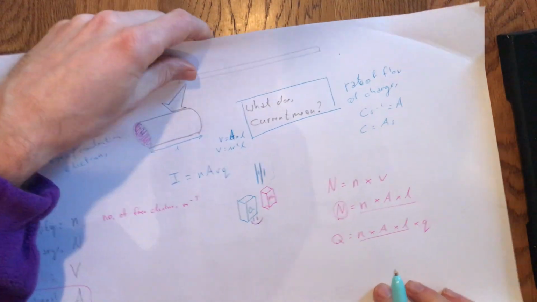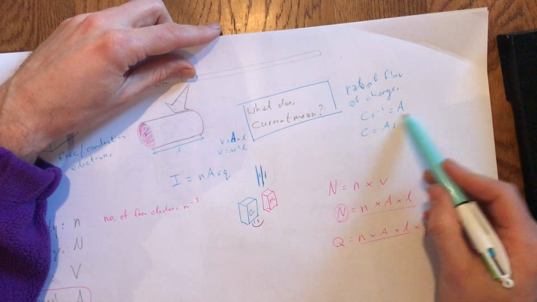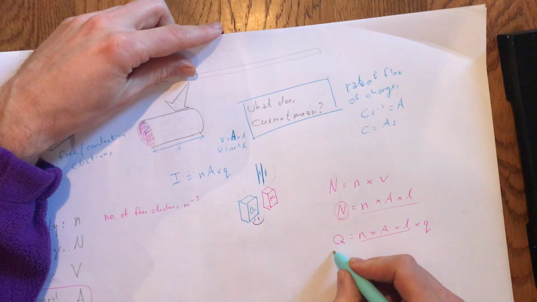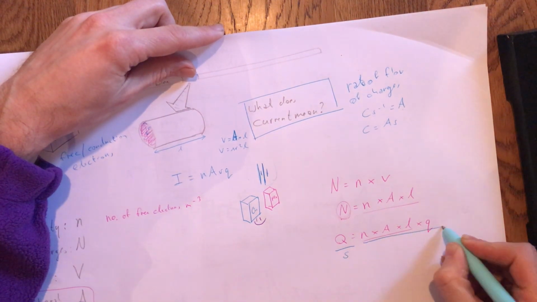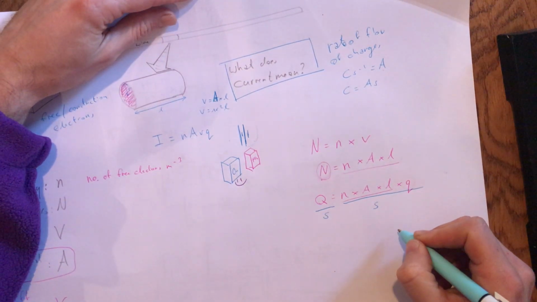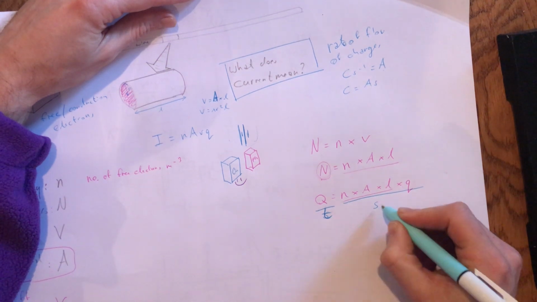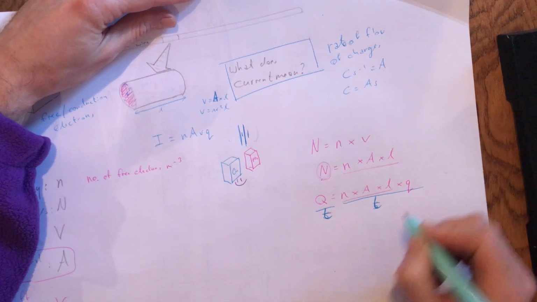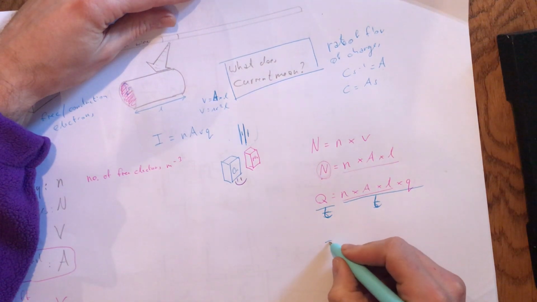So considering that, if it is the coulombs per second to get the current, well, what I can do is divide this side by S to make this into current. But of course, if I'm following the rules of mathematics, which I am, I divide both sides by S. Sorry, let's call it T, T for time, because we use S for distances quite a lot. So I equals Q over T. We substitute that in.